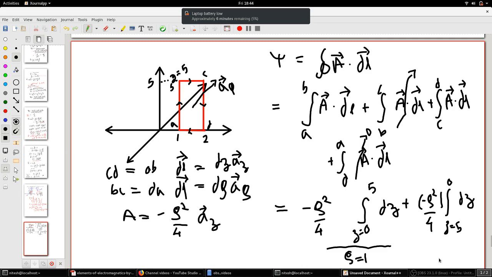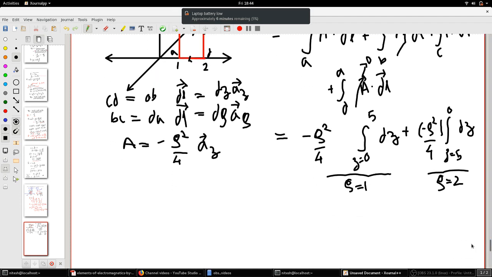For the side CD, rho will be equal to 2. Okay, so I'll have to solve it using these two rhos.